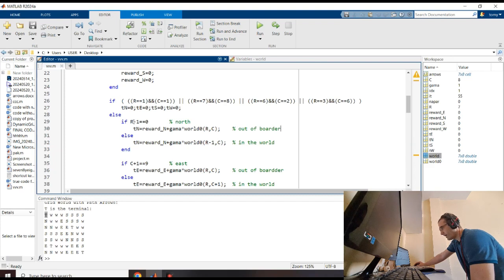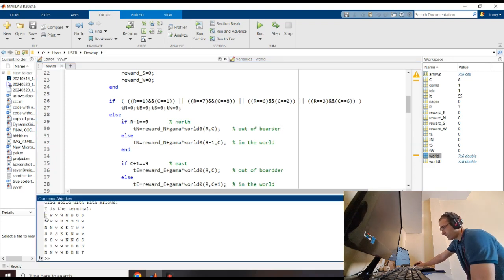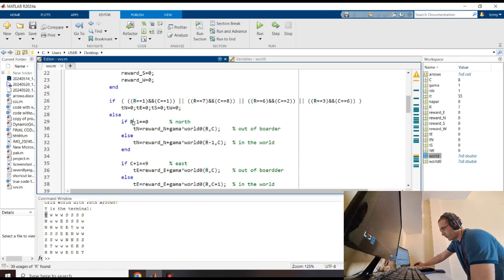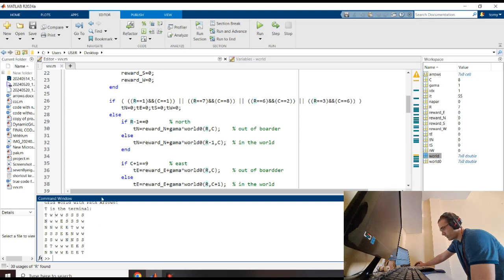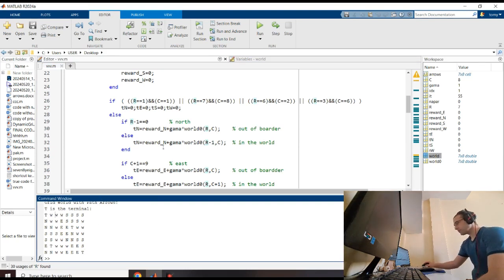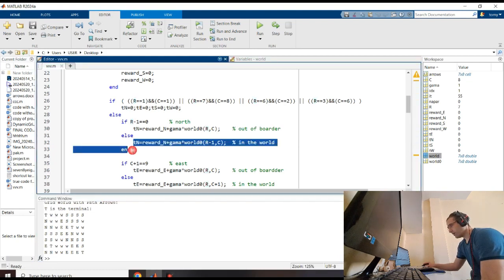So for example, if we are in row 1, it means 1 minus 1 is equal to 0, okay? So if that happens in the north, it means it is out of border. Else, it is in the world. By the world, it means this grid. End of the story.